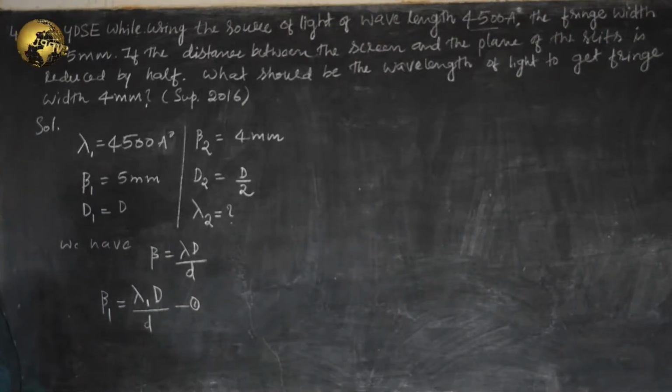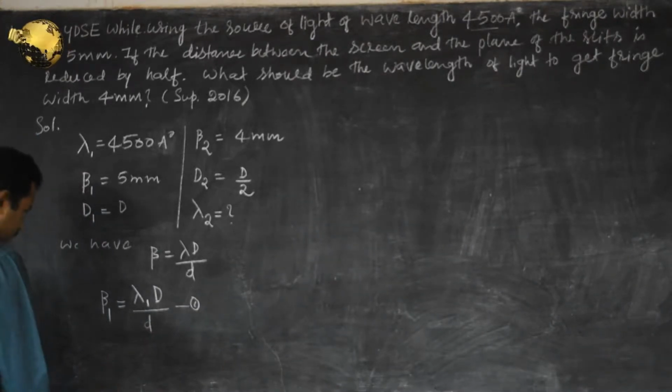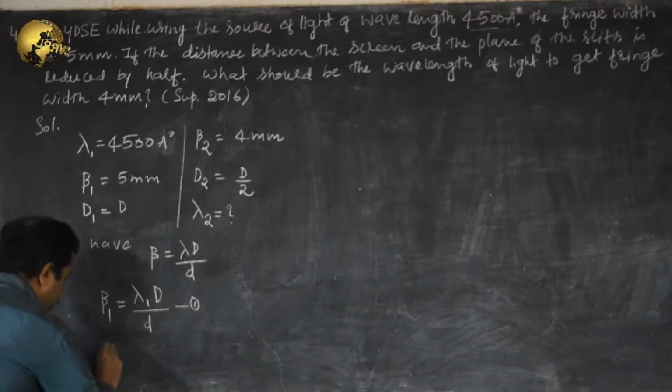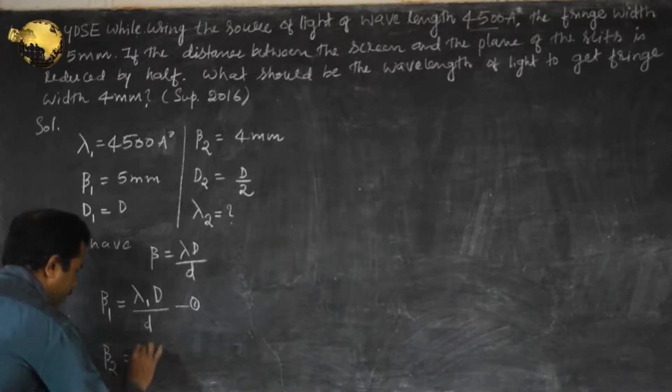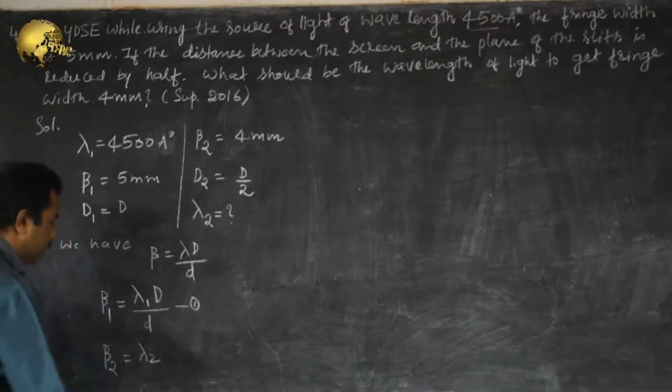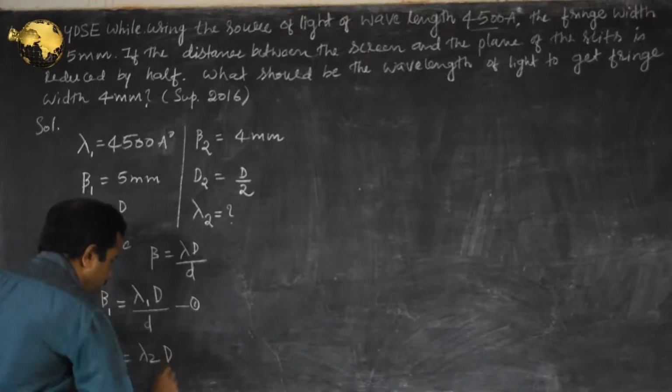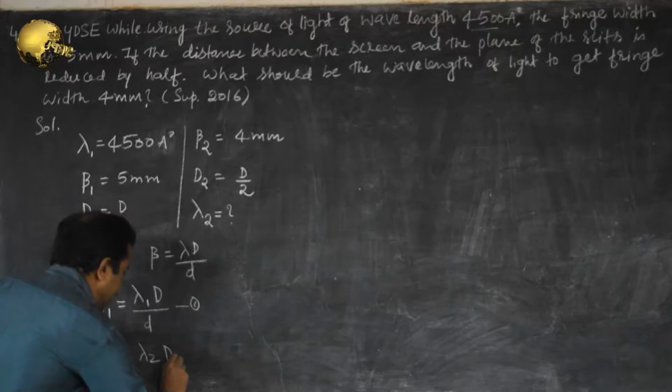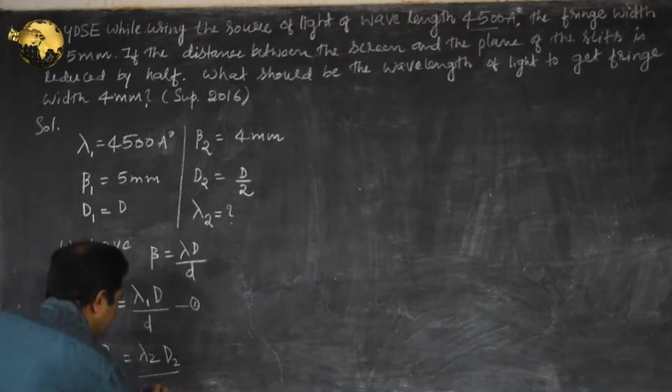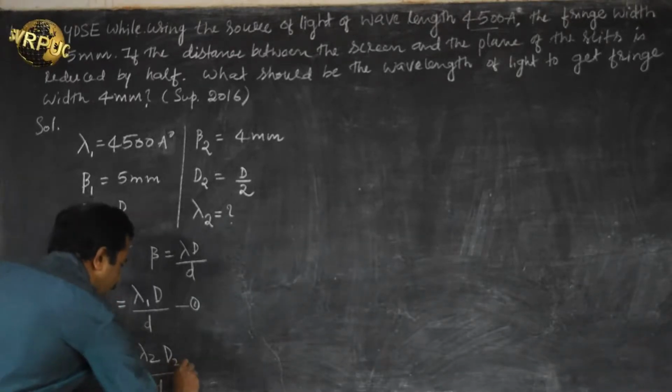Next, let us go to the second case. In the second case, beta 2 is equal to lambda 2 into D2 divided by small d.